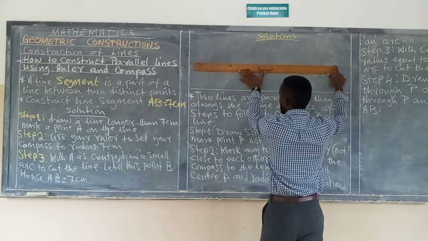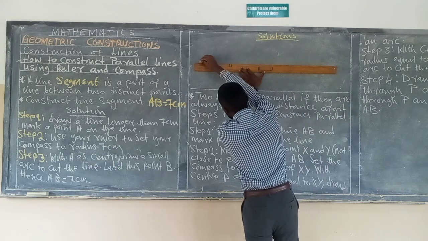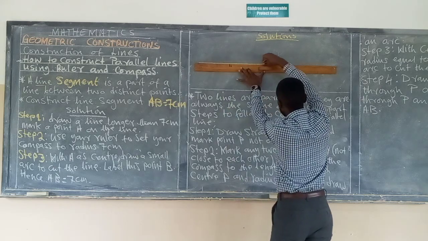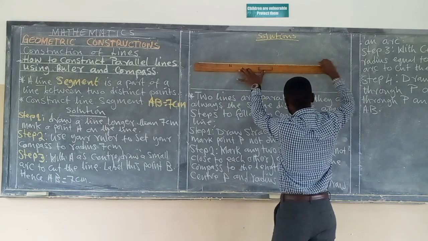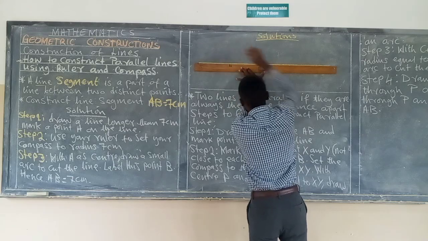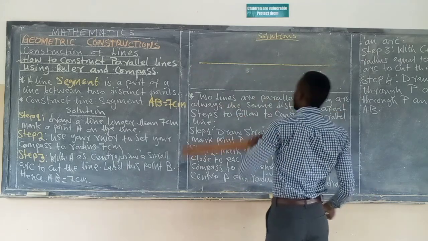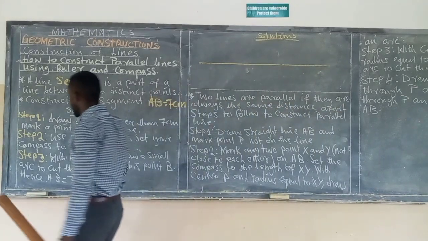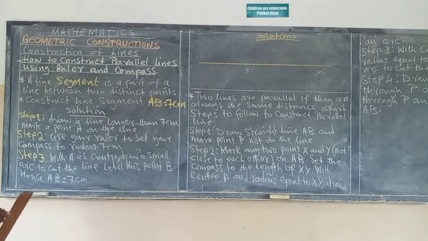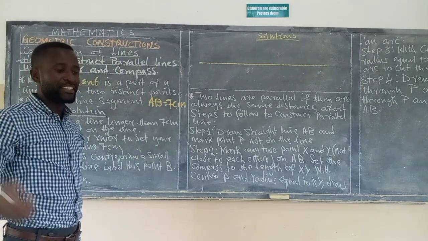Let's make it bold. So that is a line which is greater than 7 centimeter.